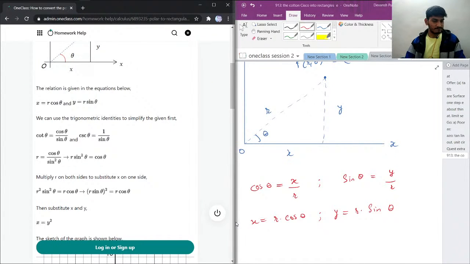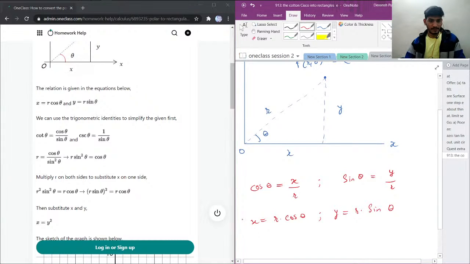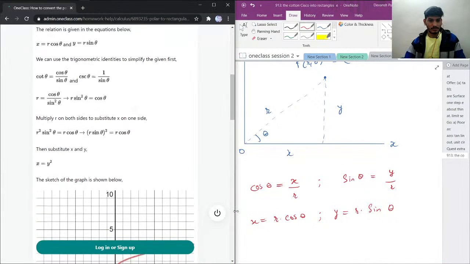Now what they are doing here is taking the cotangent and cosecant and substituting.